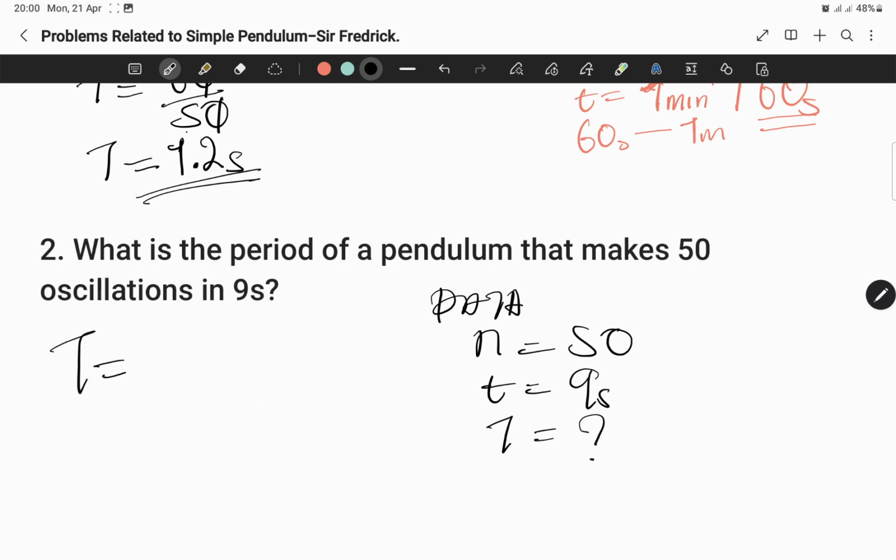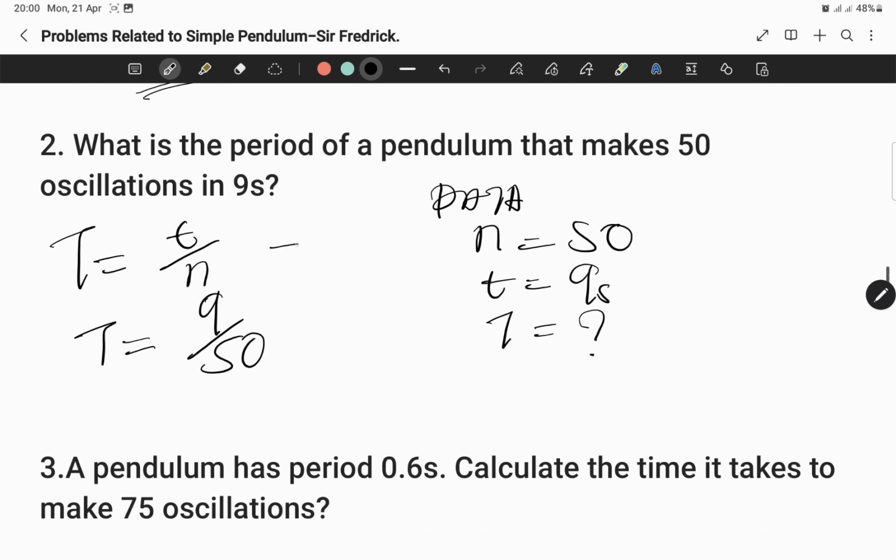So period is equal to that over that, then 90 seconds over 50. Punch it on your calculator. What does this give us? Definitely this gives me 1.8 seconds. That's the correct answer.